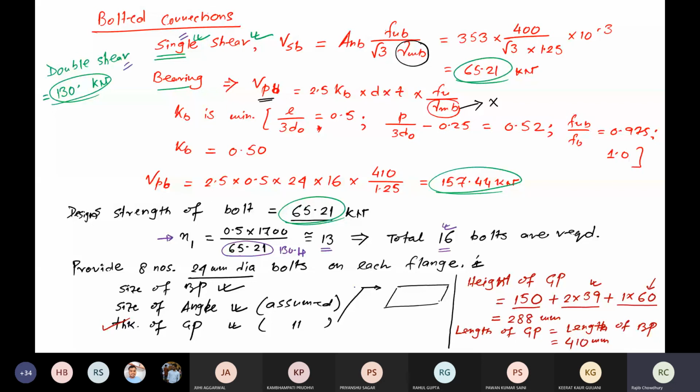Structural stability in the sense I am talking about is not buckling and all. I am talking about whether it would serve its own purpose for which it is being built or not. From the superstructure, the load is being transferred onto the ground.